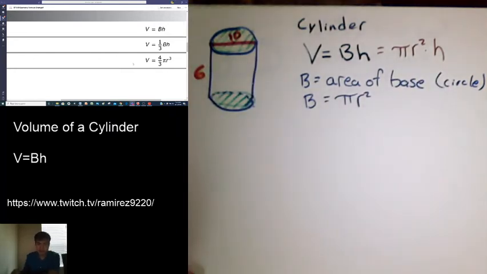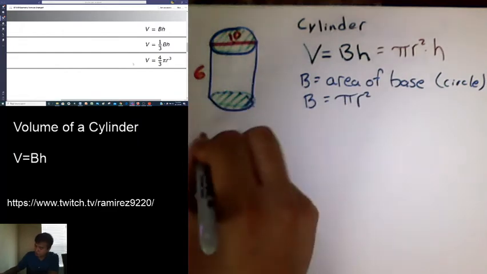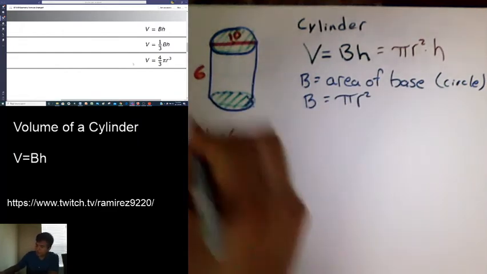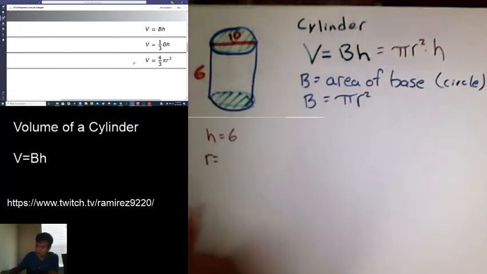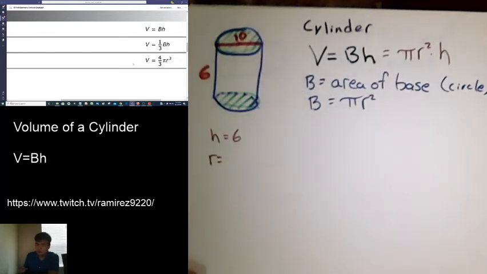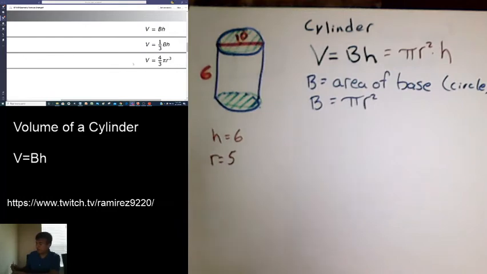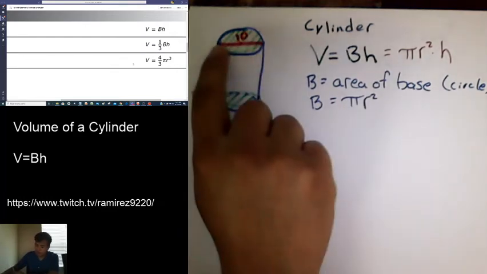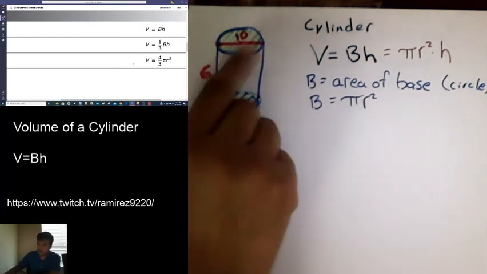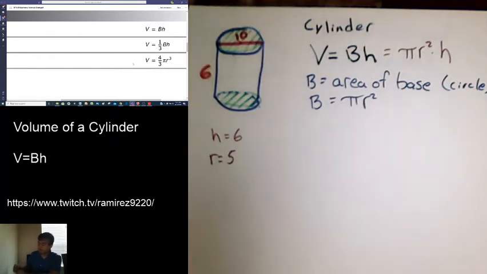Cylinders are one of the easier shapes to work with when solving for volume or surface area, because it's just two variables. So my height is 6, and my radius is not 10, it is 5, because that 10, notice where it's going, from where to where, represents our diameter.